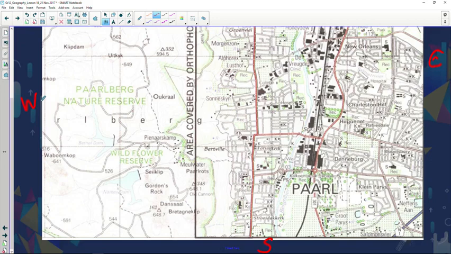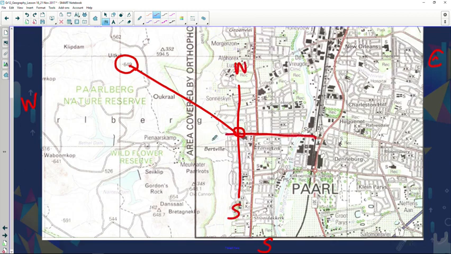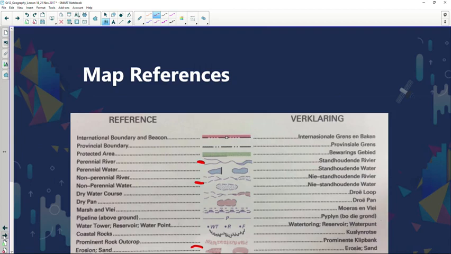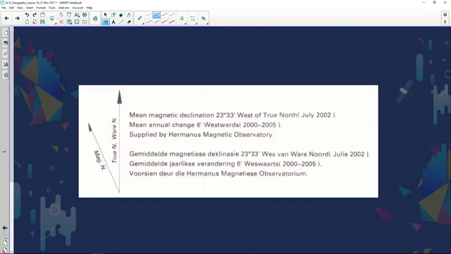Let's say for instance from the church over there to Spotlight 1649, draw a north-south line, there's your north-south line, there's east and there's west, and that direction determined looks like northwest. But let's continue with some of the calculations that we need to deal with on a topographical map.